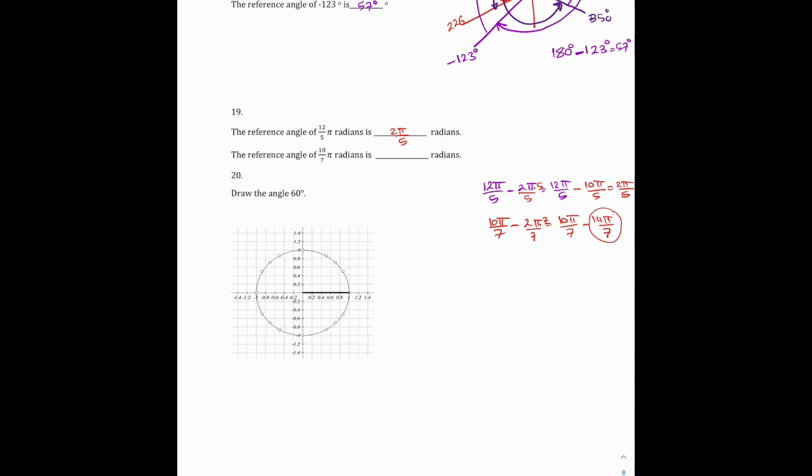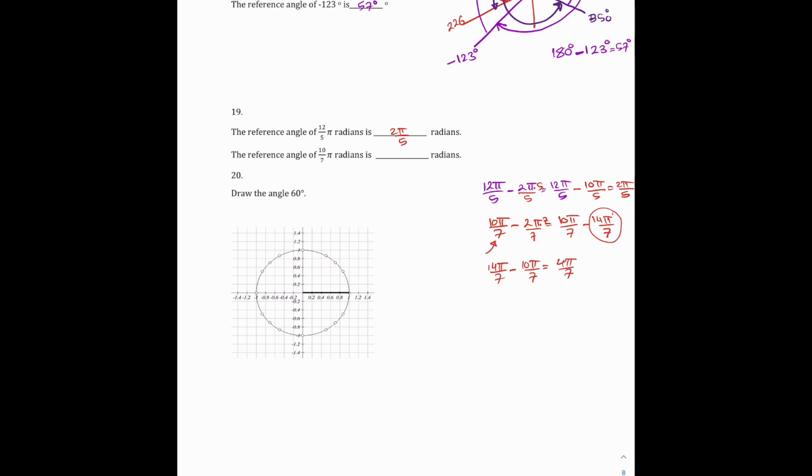Notice how this is bigger. So since this is less than 2 pi, we need to do 2 pi minus 10 pi over 7. So 2 pi, which is going to be 14 pi over 7, minus 10 pi over 7 equals 4 pi over 7.